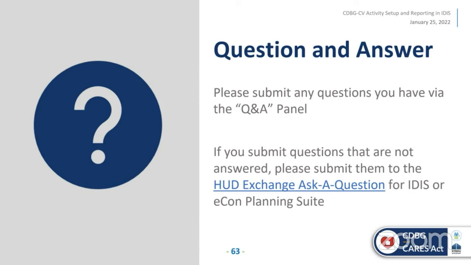With CDBG, the flags do not prevent you from any transactions, from completing the activity, from making, entering accomplishments or doing anything like that. Unlike some of the HOME flags, which might actually be stops where you can't do other transactions. With CDBG, it's really for your HUD field office to look and see if there are any problems going on, those can be an indicator of that.